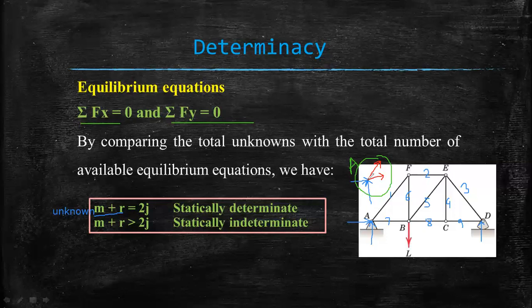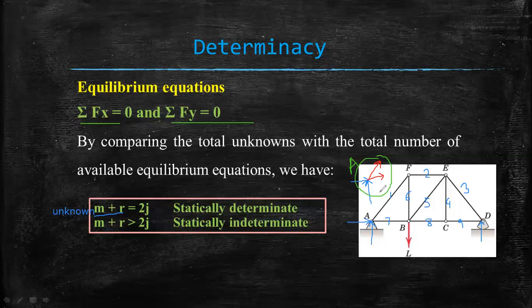Zero, because moment is force multiplied by perpendicular distance. Why is the perpendicular distance 0? Because all the forces pass through this point. So the perpendicular distance from this point to all those forces is 0, and ultimately our moment will be 0. So there will be no contribution from the sum of moment equals 0. You will get nothing out of that.